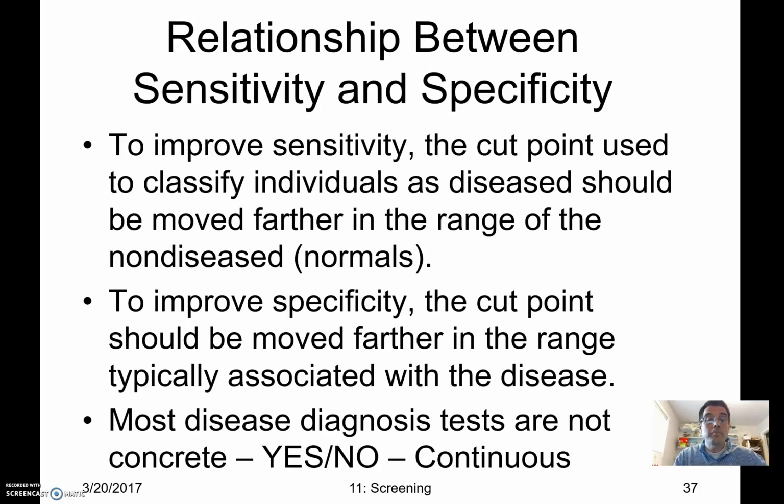Whereas if you're trying to improve specificity, the cut point should be moved farther in the range typically associated with the disease. So we have a scenario here where we want to ensure that those that do not have the disease, or we're saying that do not have the disease, will actually begin to include some on the far range of those that may have the disease.